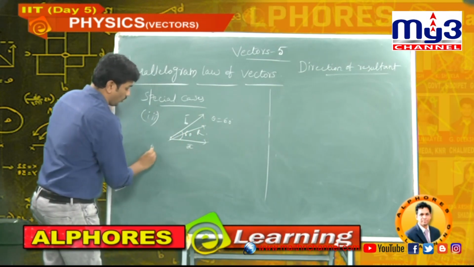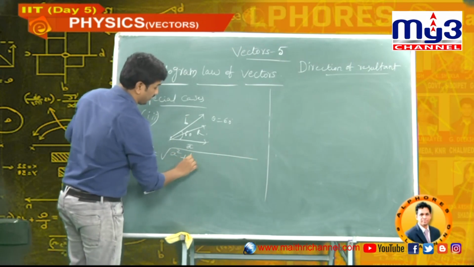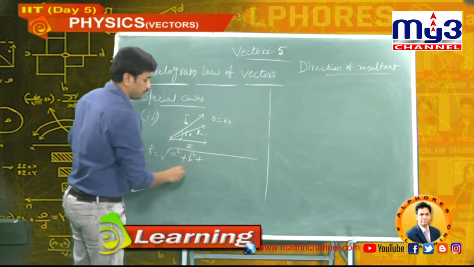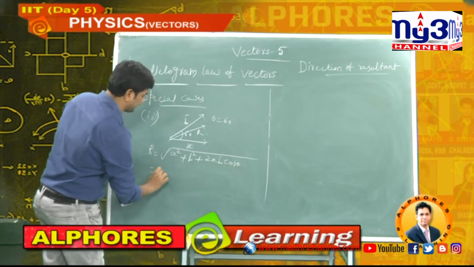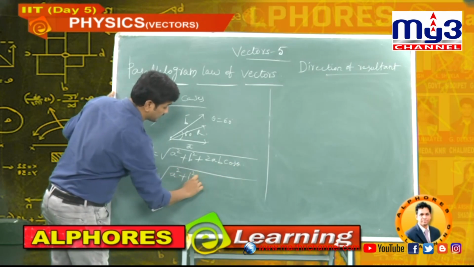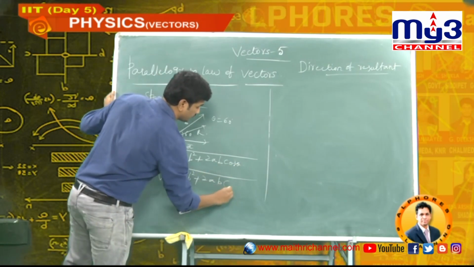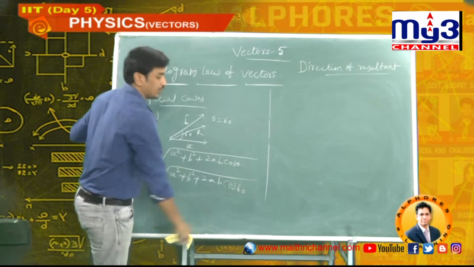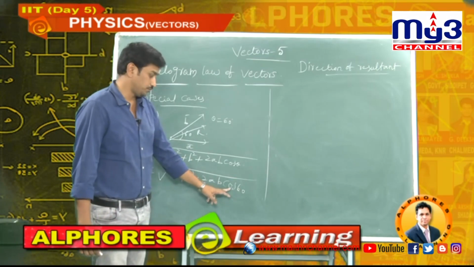Now, what is the magnitude of the resultant? You know that root of A square plus B square plus 2AB cos theta. A as it is, B as it is, 2AB cos 60. What is the value of cos 60? Cos 60 value 1 by 2.